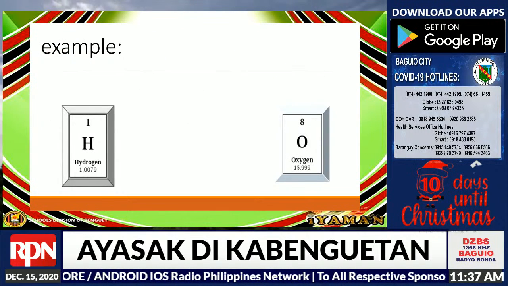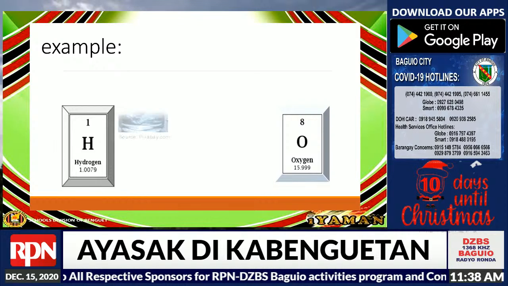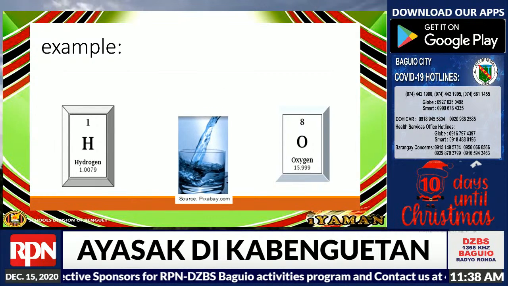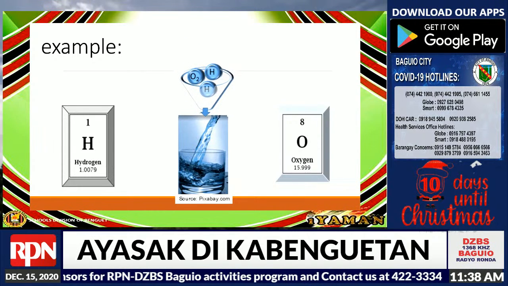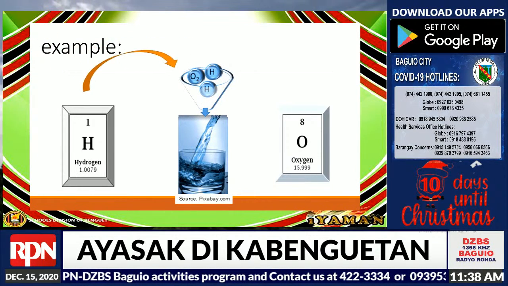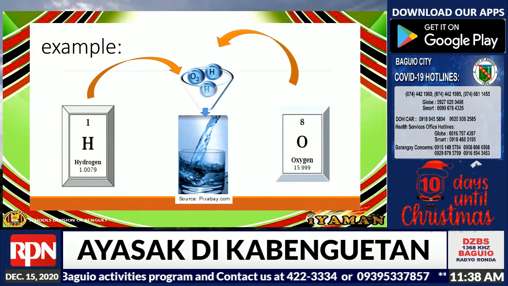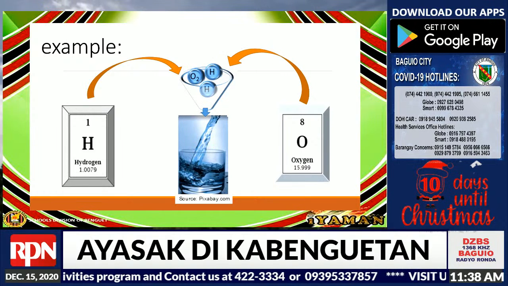Let's have an example. Hydrogen, which belongs to family 1A, has 1 electron to donate. When the electron of hydrogen combines with oxygen, they form H2O, or water molecules.